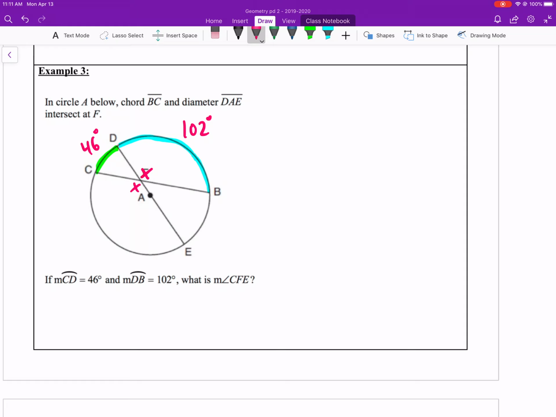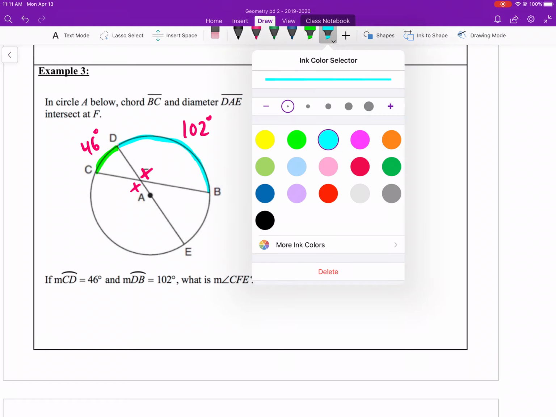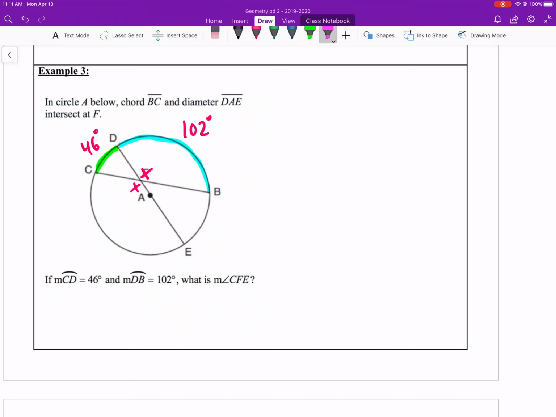So what are the 2 arcs we need? So this one opens up top there, opens up and hits the 102. On the other side, we open up here and here, and we're hitting arc CE.